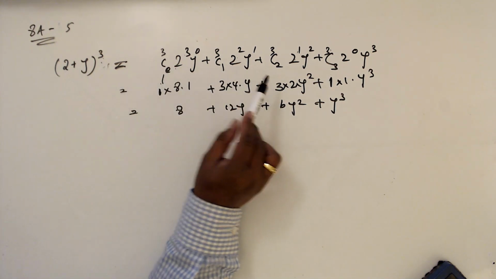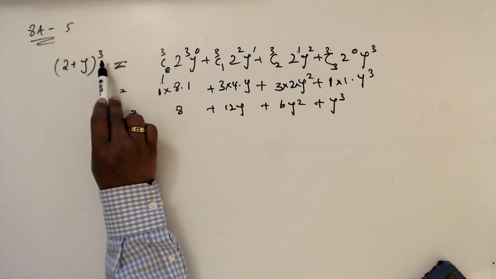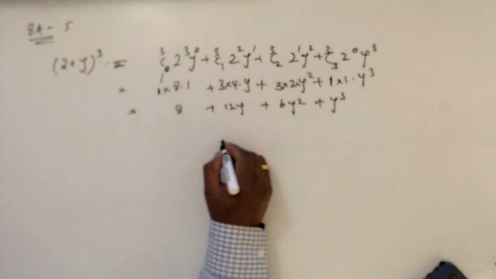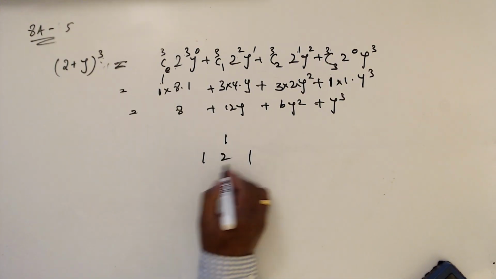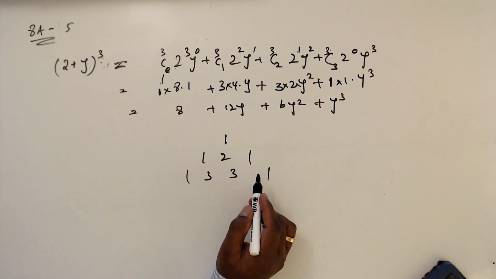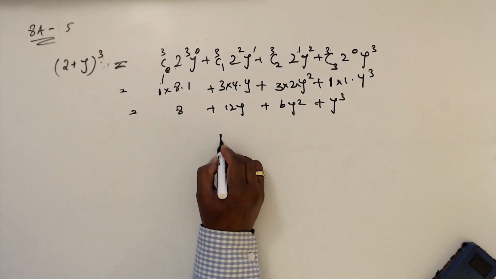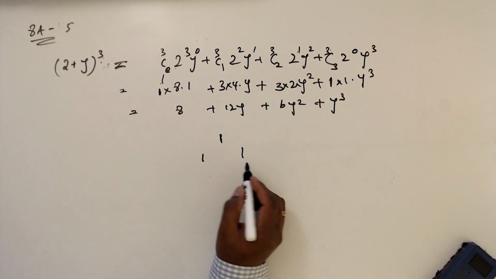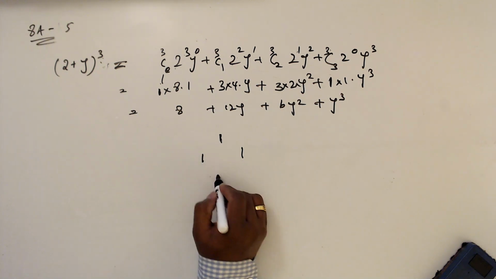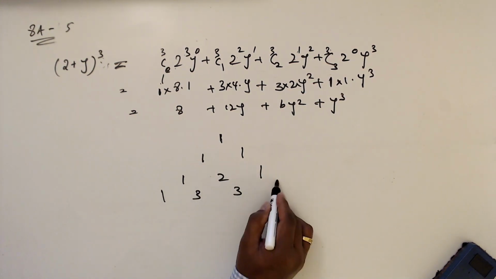You know this is power 3. The coefficients are matched with the Pascal triangle, fourth row. 1, 1, 1. Then 1 plus 1, 2. 1, 3, 3, 1.